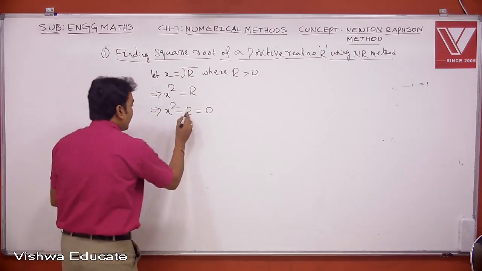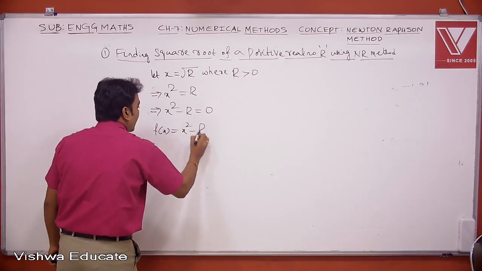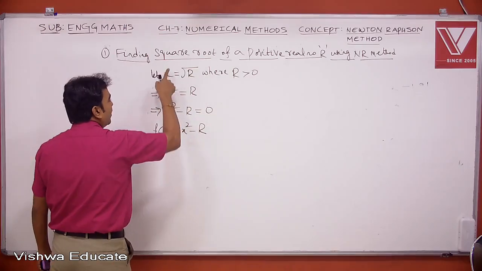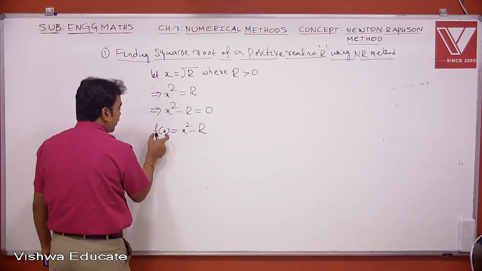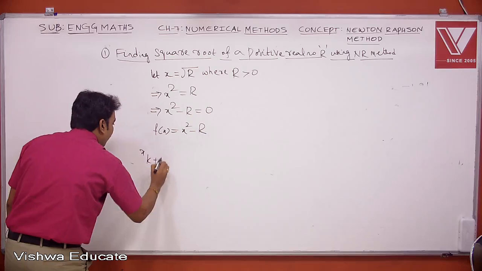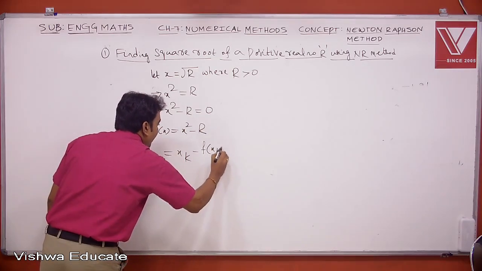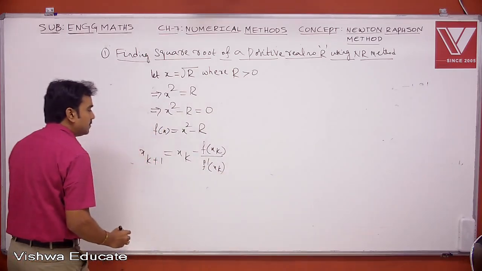Therefore here I call it f of x equal to x square minus R. Finding the square root of R is nothing but finding the root of this equation. So the value of xk plus 1 using the NR method is xk minus f of xk divided by f dash of xk.